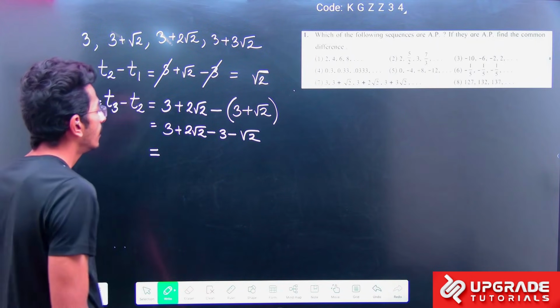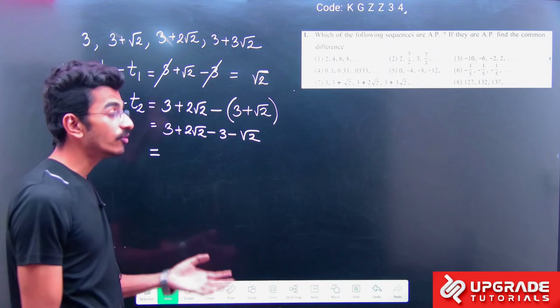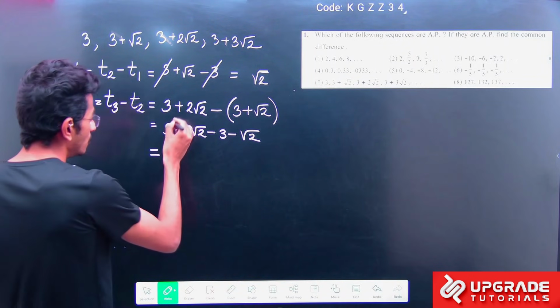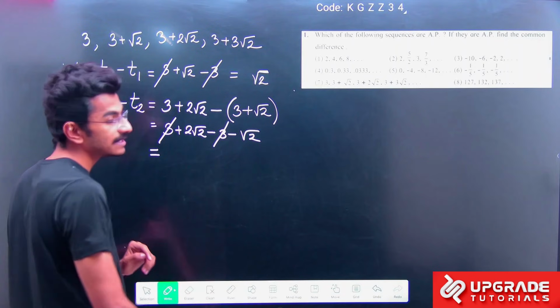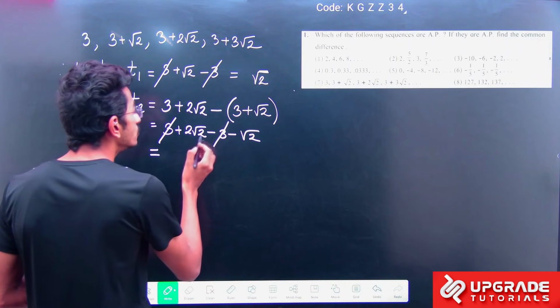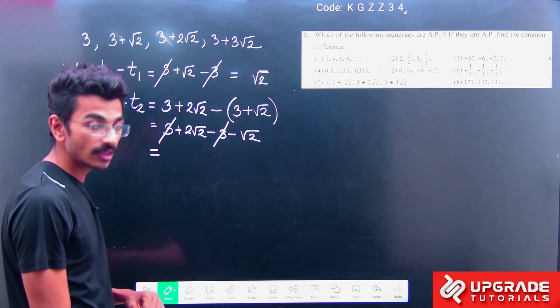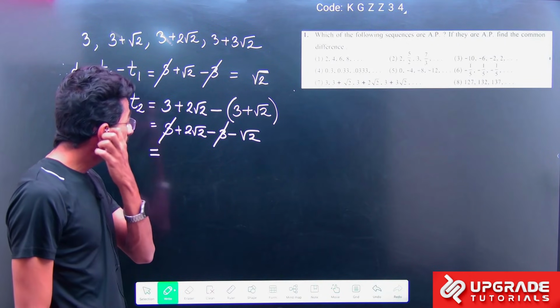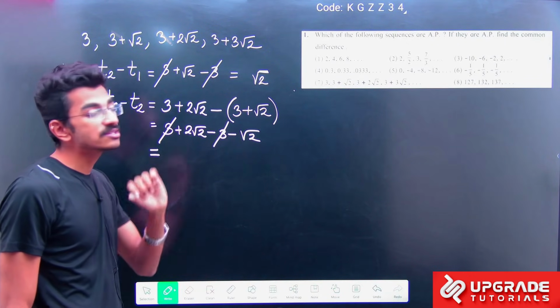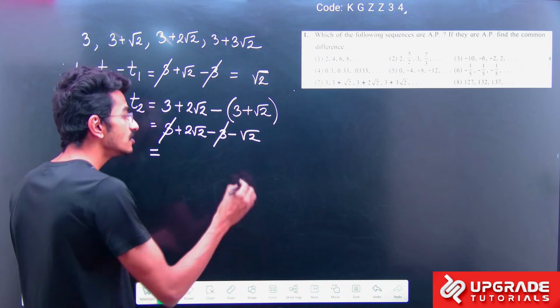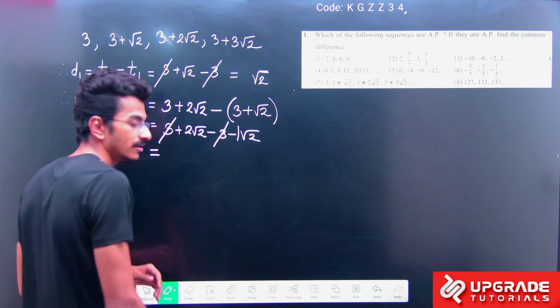Now, as I said before, integers get added or subtracted with the integers. So 3 and minus 3 get cancelled, and there should be addition of 2 root 2 minus root 2. Now tell me the number which is multiplied to root 2. There is no number, which means there is 1.